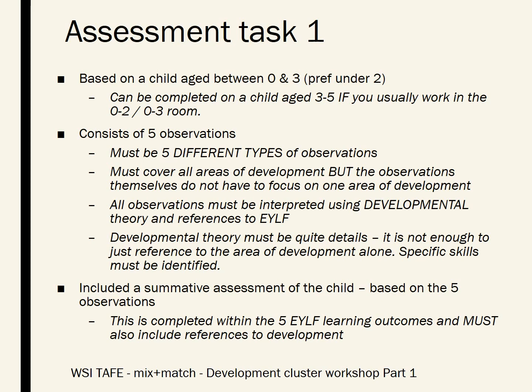The reason for that is that you are more likely to want to do your prac tasks on children in your room, in the room that you work in on a regular basis. So whichever room you're in, if you're in 0 to 2 or 2 to 3, base task 1 and 2 on 3 to 5-year-old children. If you're in a 3 to 5 room, base tasks 1 and 2 on a 0 to 2 or a 2 to 3.